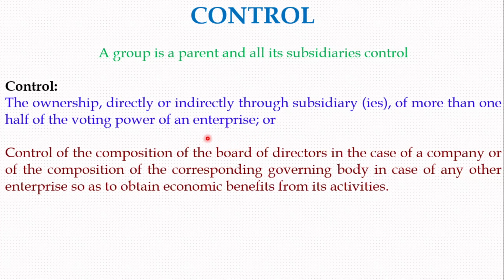At that time, the ownership is directly owned by the parent company, or indirectly through subsidiaries, of more than one half of the voting power of an enterprise. Or control of the composition of the board of directors in the case of a company, or of the corresponding governing body in case of any other enterprise, so as to obtain economic benefits from its activity. So this is the control portion of consolidated financial statements.